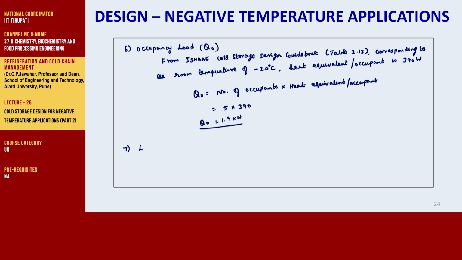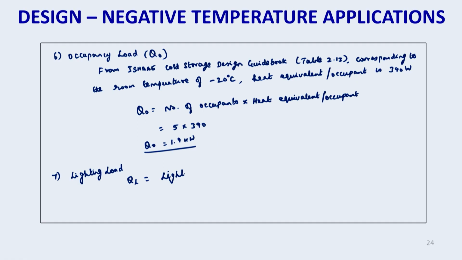Lighting load, next one. That is QL. Directly we can write the formula. QL is equal to lighting intensity multiplied by the floor area. Floor area is nothing but length into width.